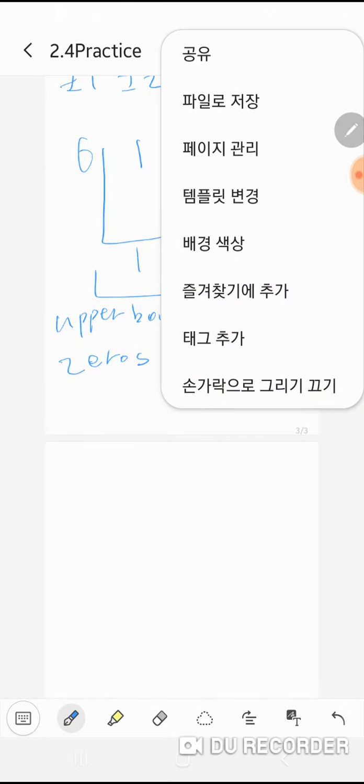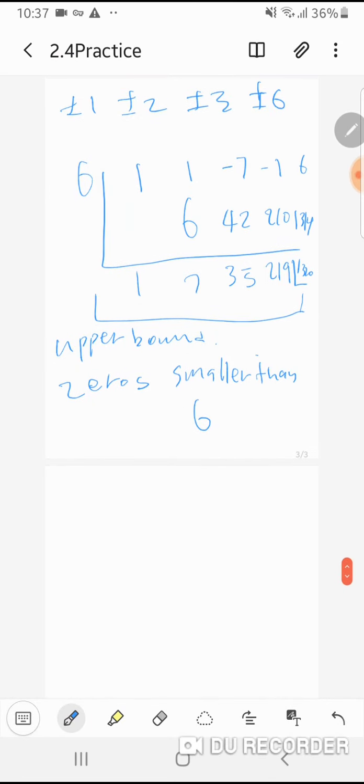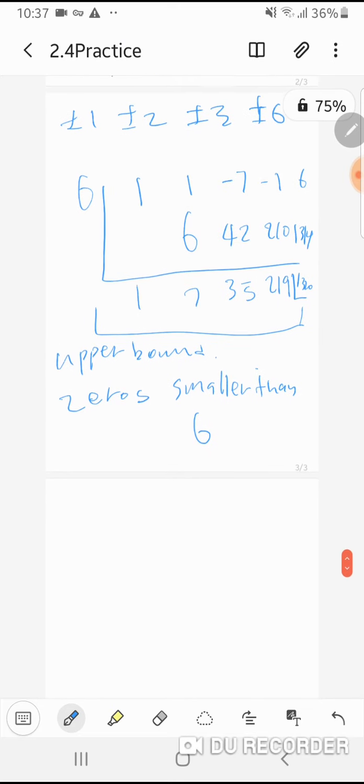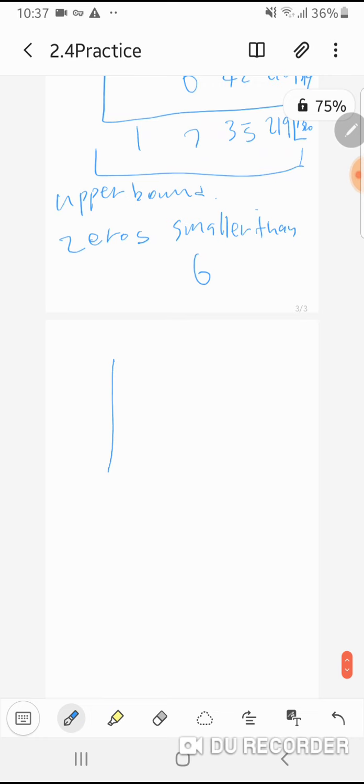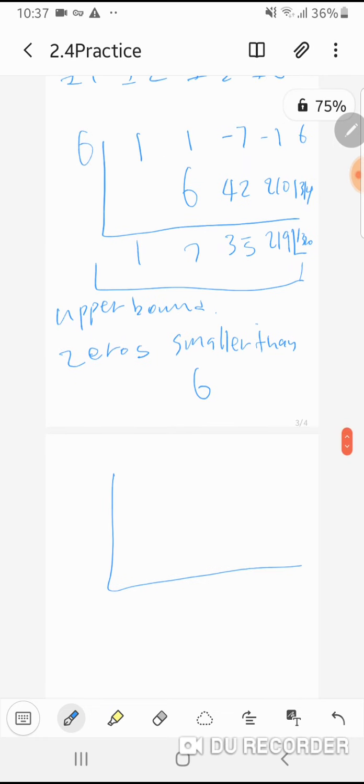Okay, if all are positive, that means that it is an upper bound. Let's see an example of a lower bound. Let's try negative 6. I think that will give us a lower bound for sure.